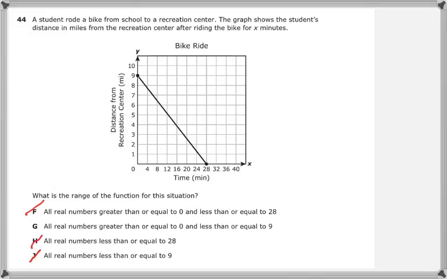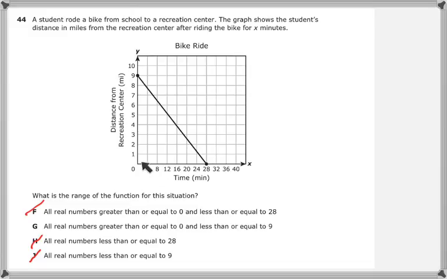So we're left down to one answer choice, answer choice G. It says all real numbers greater than 0 and less than or equal to 9 for range values, our y values. So it starts here at 0.